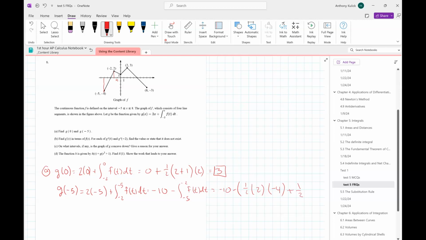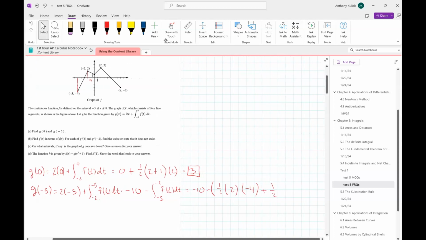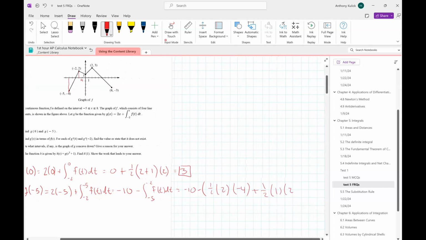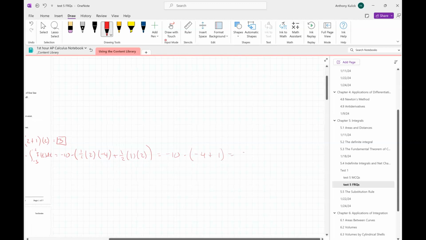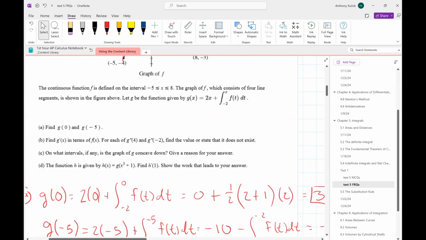Then plus 1/2 the area of the other triangle, whose base is 1 and whose height is 2. So that's going to be -10 minus -4 plus 1. So that's going to be -10 plus 3, or -7. I think. Is everybody okay with that? Yes, Katie.